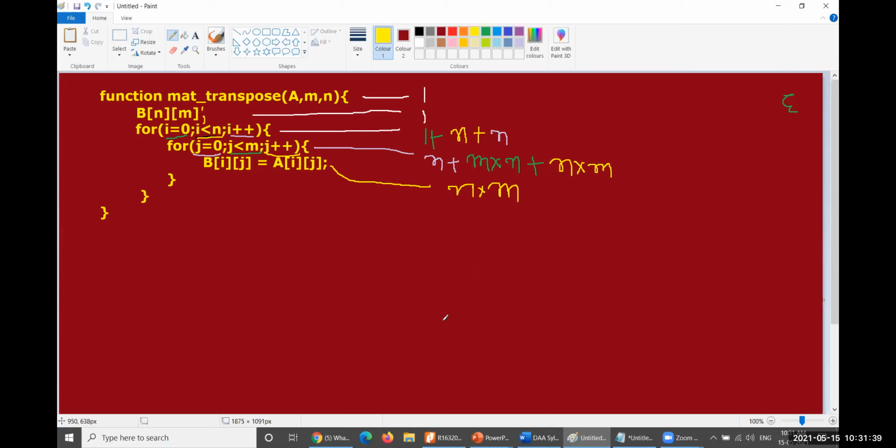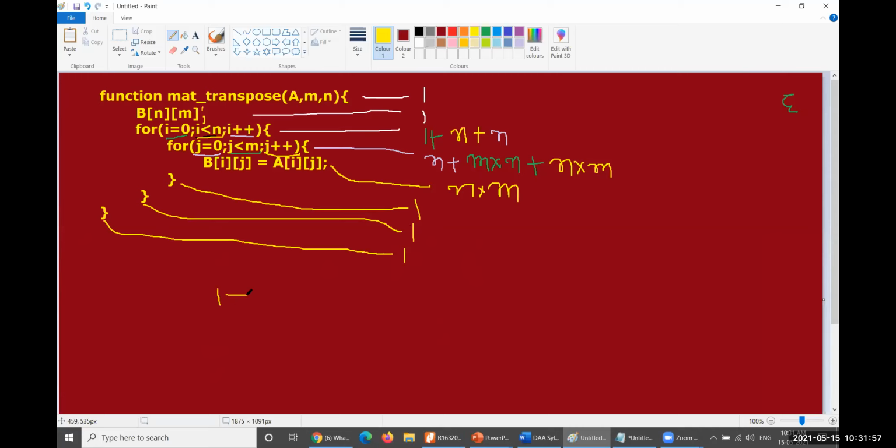If you count everything, let us take it into consideration. It will be executed exactly one time, and the other also one time only. So how is this calculated? 1 plus 1 plus n plus n plus. Up to this I have completed.